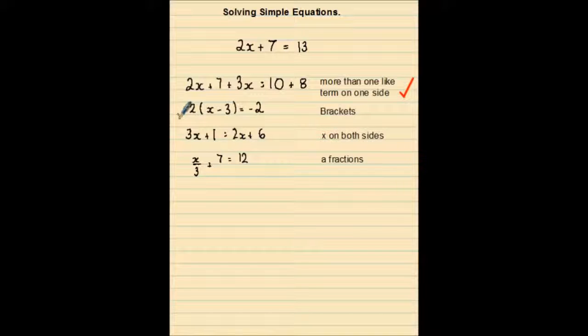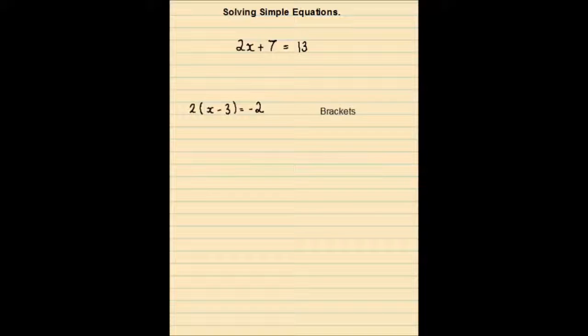The next problem to look at is the presence of brackets. And an easy way of dealing with this is just to expand the brackets. Now the more advanced students may spot another way, but until you get comfortable with equations, my aim is just to give you a simple set of rules that will work.